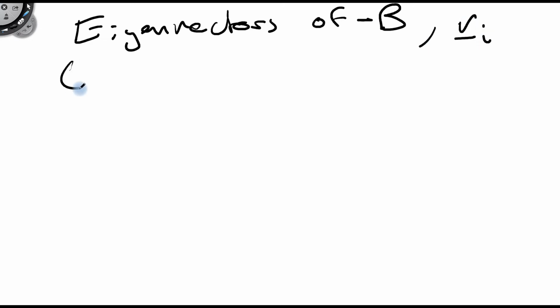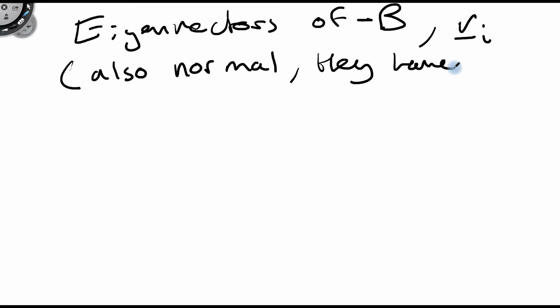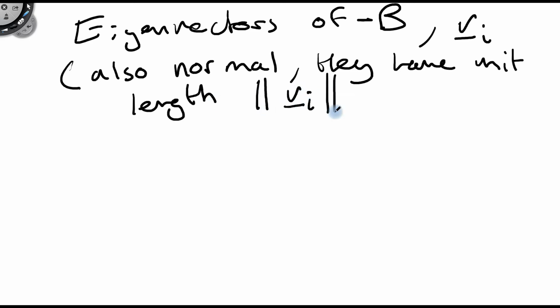We're also going to make them normal, meaning they have unit length, i.e. the norm of v_i equals 1. That's the L2 norm really.